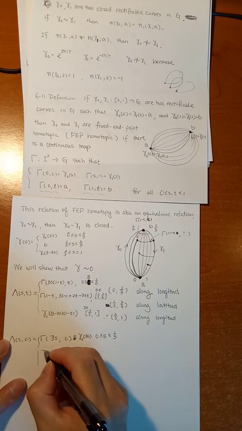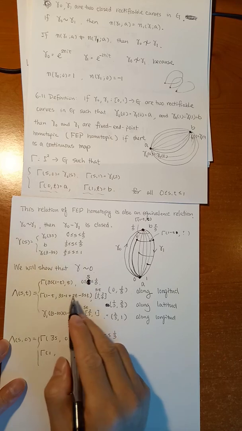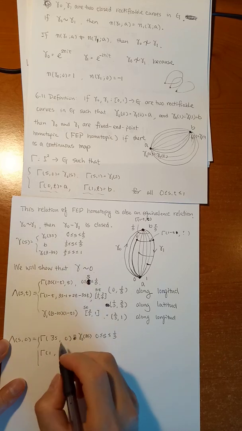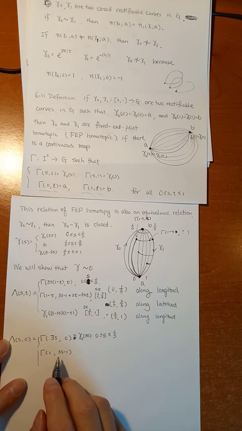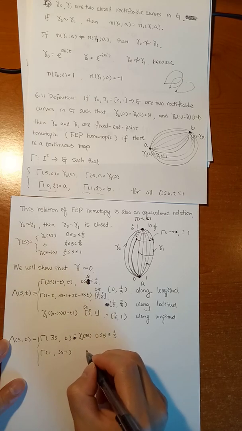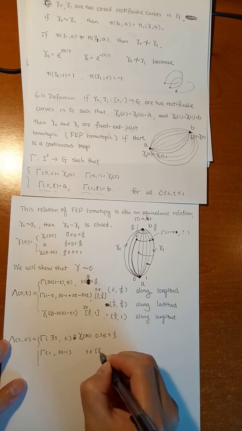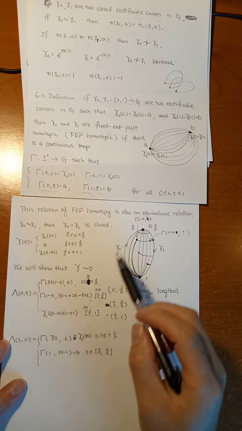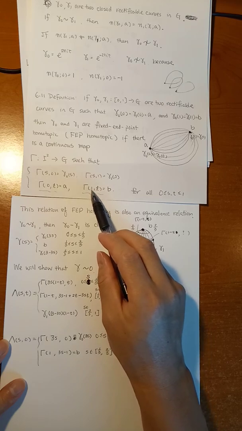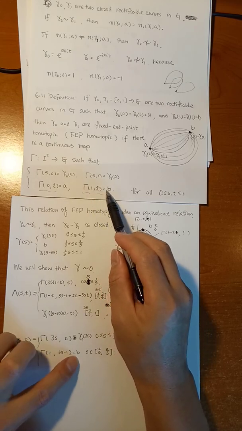When t is 0, it is gamma 1. T is 0, this is 0, 0, it's 3s minus 1. So it's fixed there. So s belongs to 1/3, 2/3. This is always b. Remember, whenever you have a 1, the first one is always b.